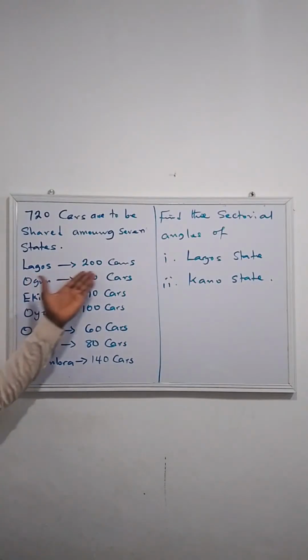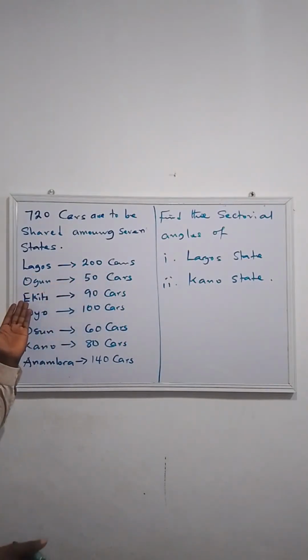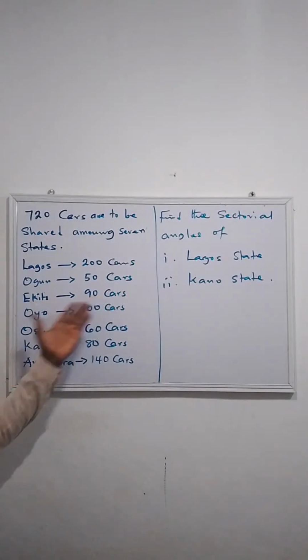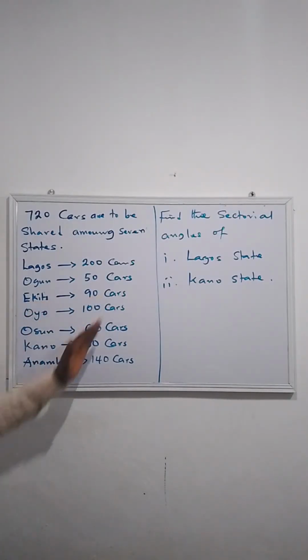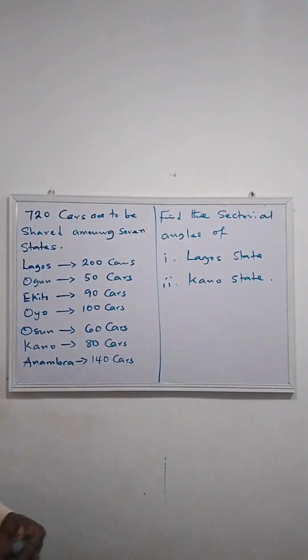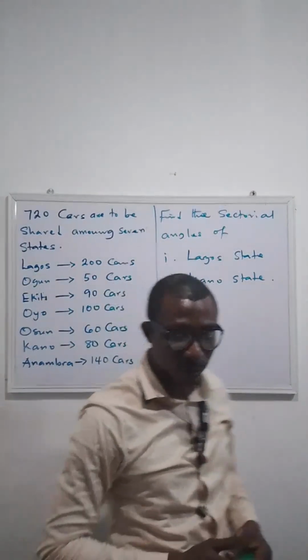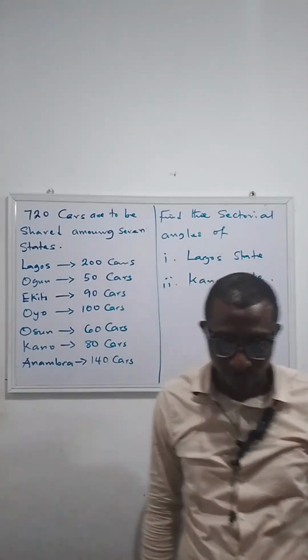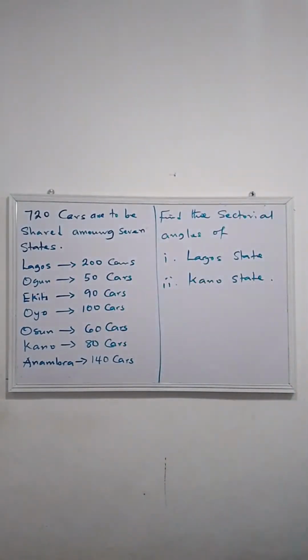Okay, so we have Lagos State, Ogun State, Ekiti State, Oyo State, and so on. So you have to find the sectorial angles of the following. All right, so do that and drop your answer in the comment section. Let me see what you're going to have for that. So once you have your answer, you drop that in the comment section.